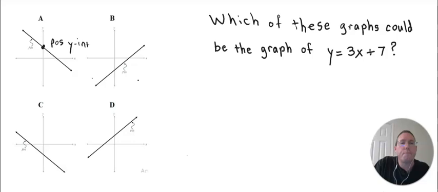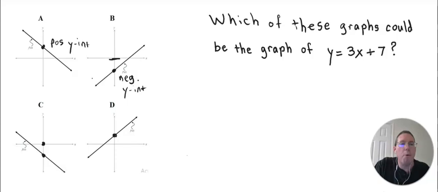But over here, you can see this one is below the x-axis, and therefore this is a negative y-intercept, okay? And then here you can see that this one has a positive y-intercept, and this one has a negative y-intercept. We're just looking at where the graph crosses over the y-axis relative to 0, okay?